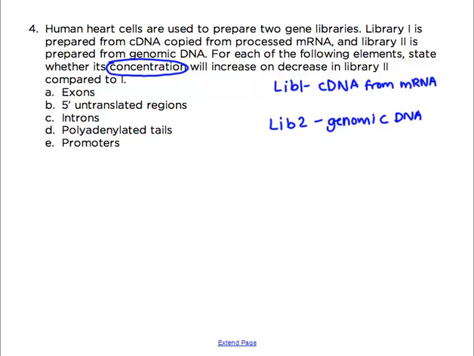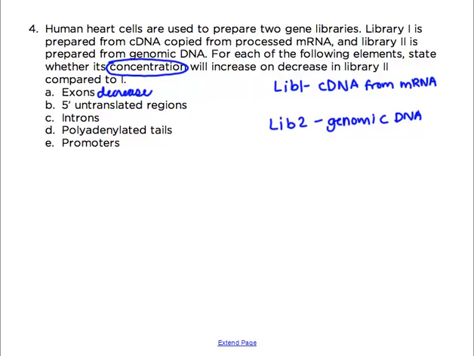Now remember that processed mRNA is processed after splicing, where the introns are removed and the exons are basically all that's left in the mRNA, right? So if you think about it, in an mRNA, the concentration of exons is going to be high. But when you add everything else, the introns, the promoters, enhancers, terminators of genomic DNA, that apparent concentration of exons is actually going to decrease. So this first answer is decrease.